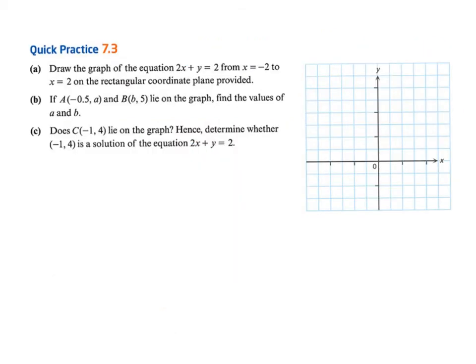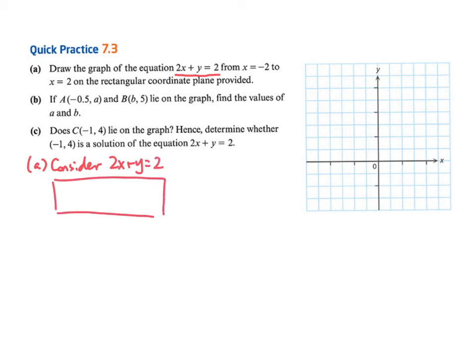Quick practice 7.3. Draw the graph of the equation. So first of all, I have to consider 2x plus y equals 2. And then once again, I have to draw the table. So x, y. So negative 2, 2.